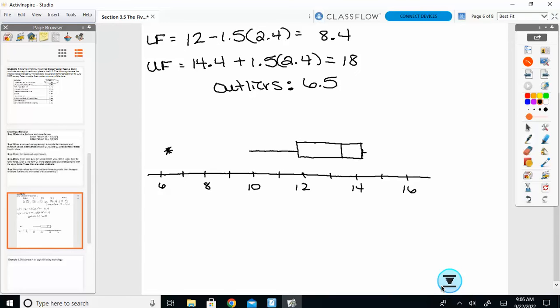Can you tell me from this picture if my data is skewed or symmetric? If you're skewed, you guys all believe that? Why? Okay. We can look at the whiskers. We obviously have a longer whisker on the left.